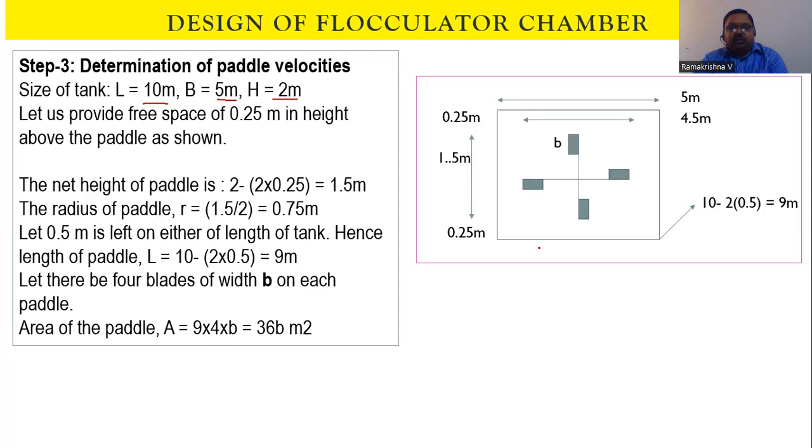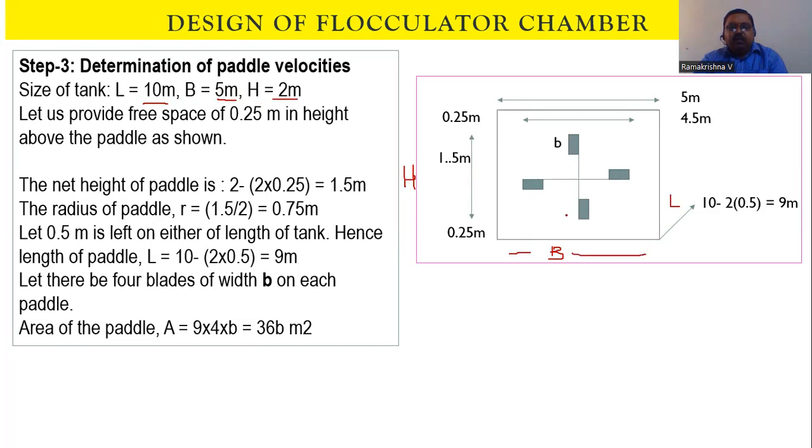So I'm drawing this. This is my B and this is my L. This is my L and this is my H. So B is equal to 5 meters.